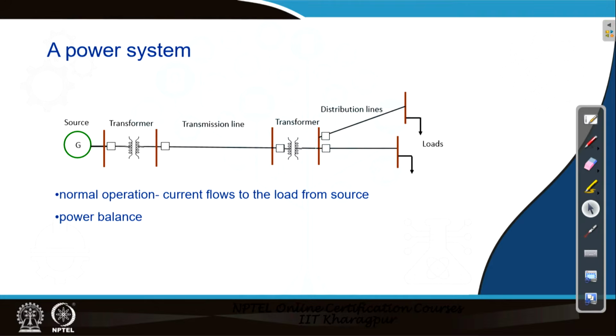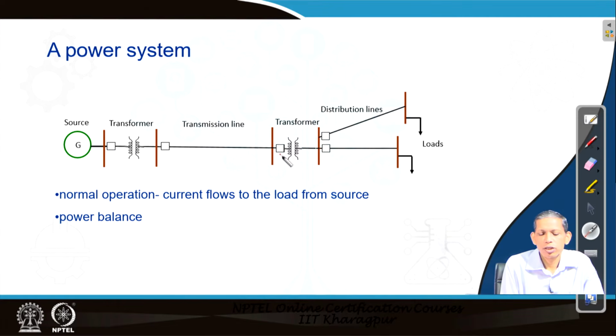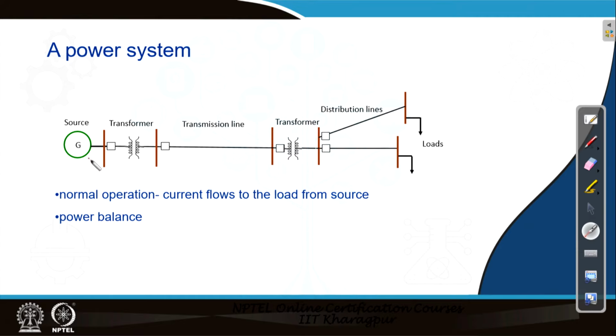Let us consider a simple power system having a generator, a transformer, a transmission line, and then a distribution line feeding load connecting through a transformer. So, in this case, in normal operation, most of the time current flows from the generator to the load.